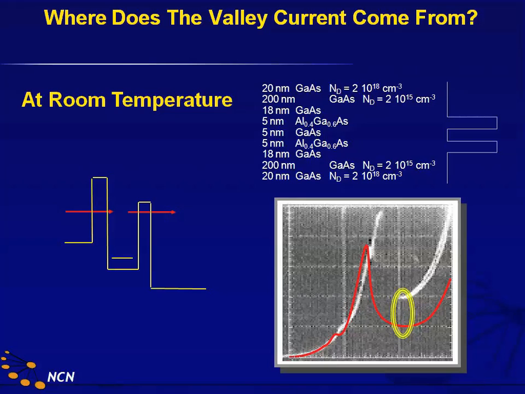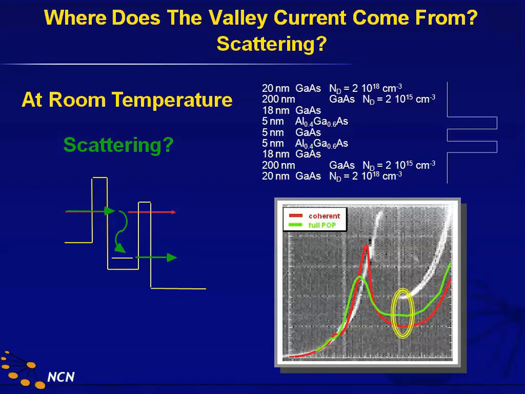So again, at room temperature, if I go back to the original device I had shown, the GaAs device, we can turn on scattering at room temperature, and all we're going to do is lower the peak current a little bit, because scattering does lower the peak current, and increase the valley current a little bit, and we're still not getting the turn-on right.